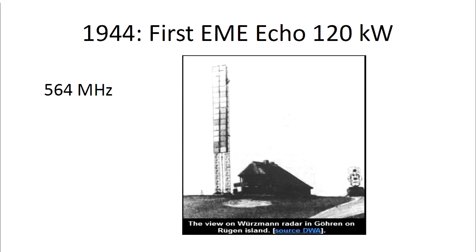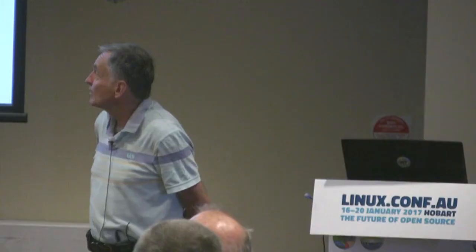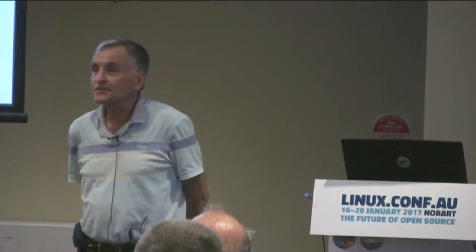Now, the first EME, first echoes from the moon, were actually found by accident. And this is World War II. The Germans are developing high-power radar systems for the purposes of, I guess, detecting the British bombers.